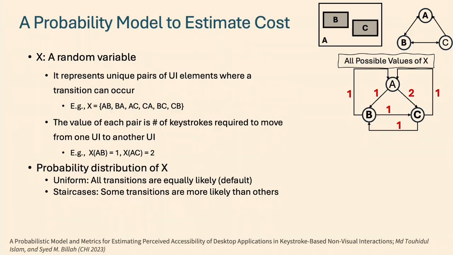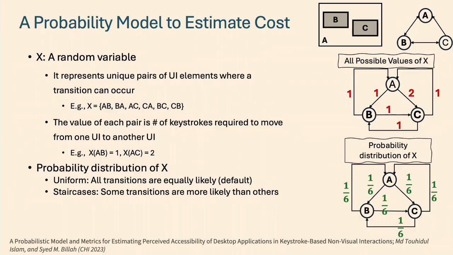And the cost for each value of that random variable is how many keystrokes it needs. In this picture, to go from A to B, we need one keystroke. To go from A to C, we need two keystrokes, because we first go from A to B, then B to C. So that makes the cost 2.